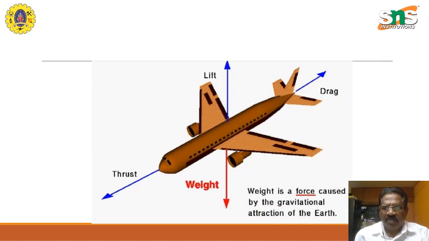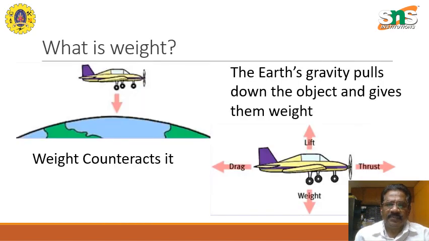What is weight? Weight is the force caused by the gravitational attraction of the Earth, so if an object has to fly, it has to have a lift higher than the weight. The Earth's gravity pulls down the object and gives it a weight, and the weight counteracts the lift.